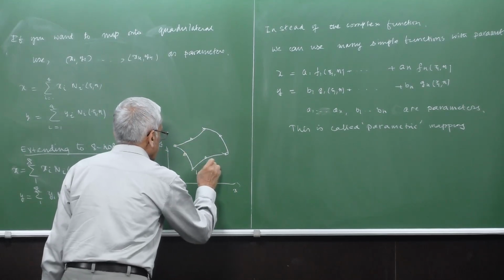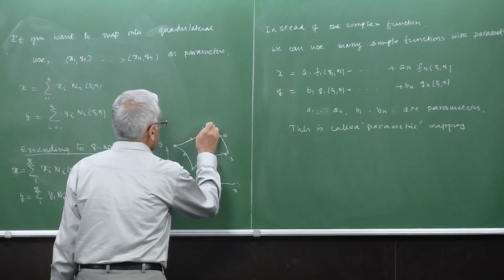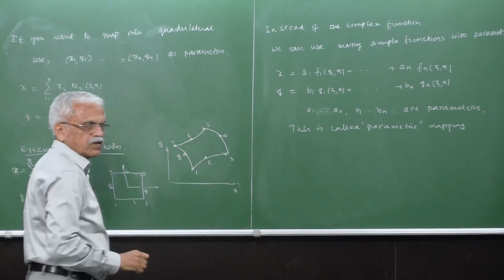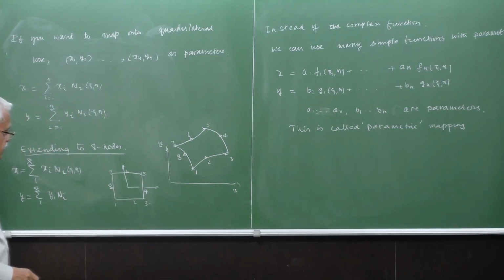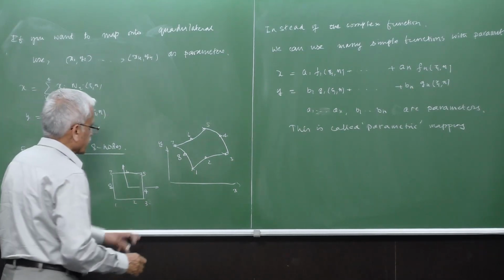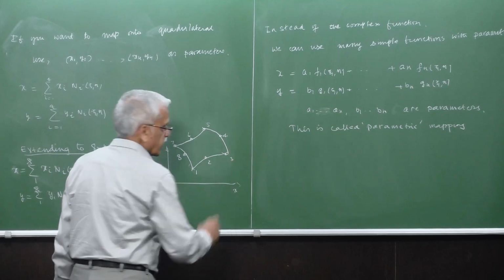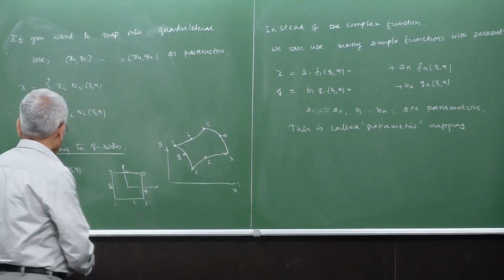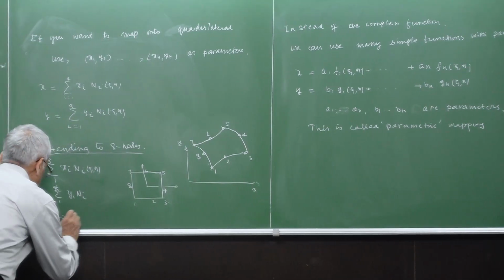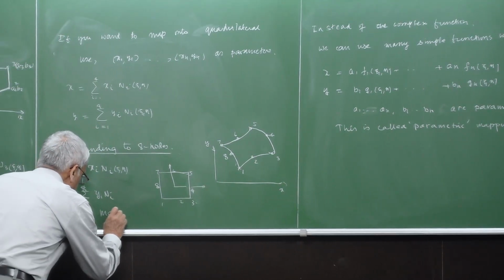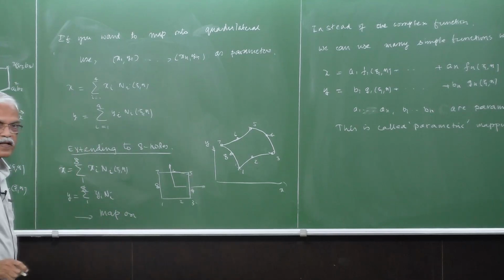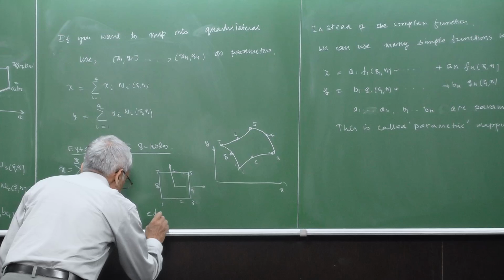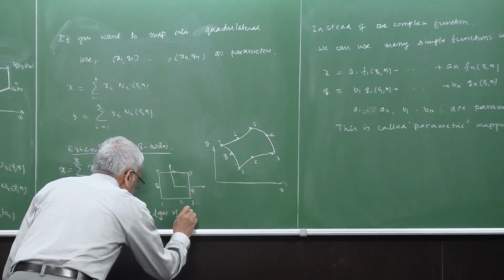So it is 1, 2, 3, 4, 5, 6, 7, 8. So here, that means that this straight side here will become a curved side here of second degree. So that means it will map onto edges of second degree.